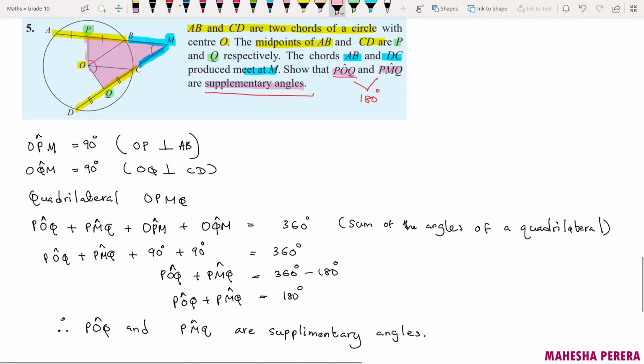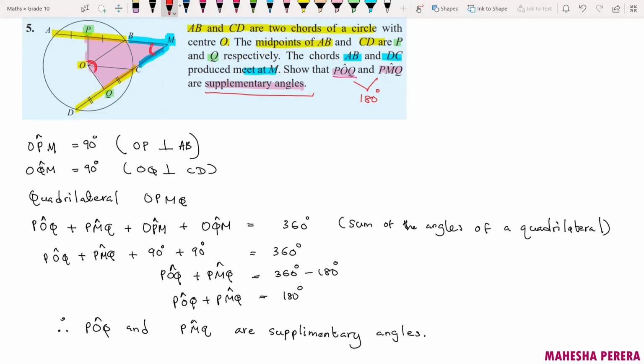We know that the sum of the angles of a quadrilateral is 360 degrees. Actually, we need to prove the addition of this angle and this angle should be 180 degrees.